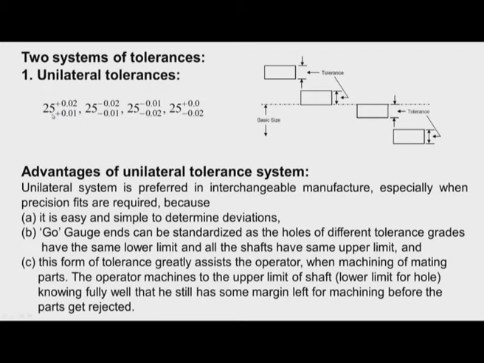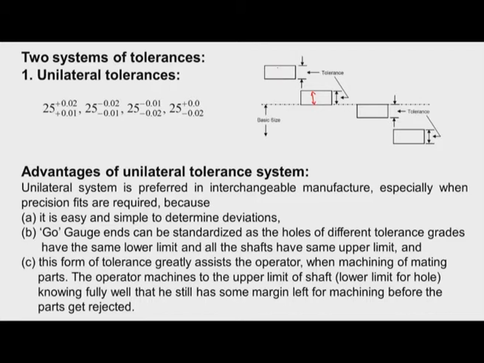For example, 25 plus 0.02 mm, 25 plus 0.01 mm. Now we can see here this is the tolerance band, or it is also known as tolerance zone. So on one side of the basic size the tolerance is specified.